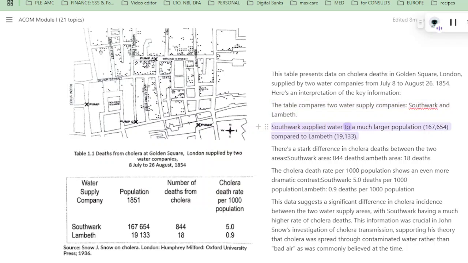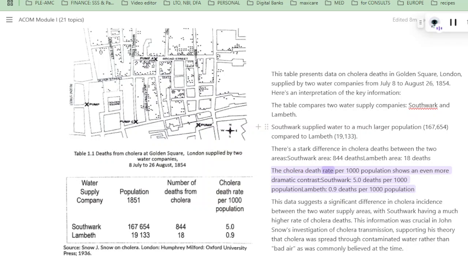Southwark supplied water to a much larger population, 167,654, compared to Lambeth, 19,133. There's a stark difference in cholera deaths between the 2 areas. Southwark area, 844 deaths. Lambeth area, 18 deaths.